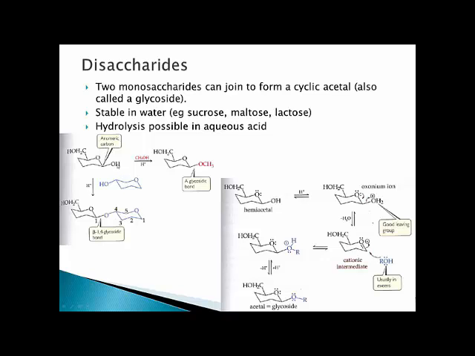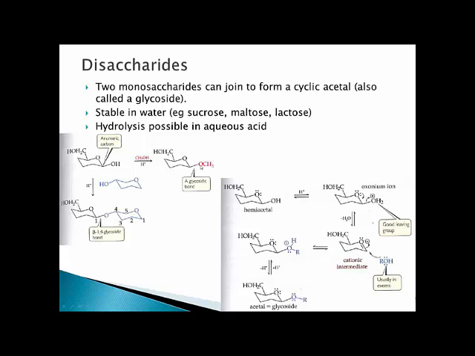And we can use this to add on more sugars. If you have a monosaccharide and you want to make a disaccharide, you add a little bit of acid and you add in the second sugar, and it will then link together. So it's called a glycosidic bond that's been formed.